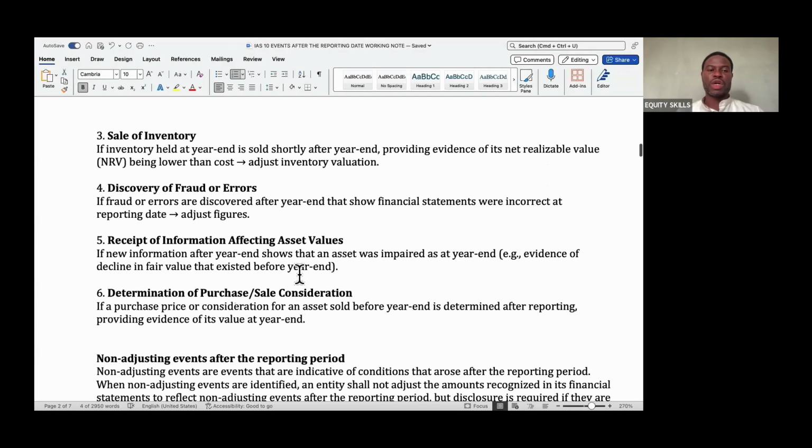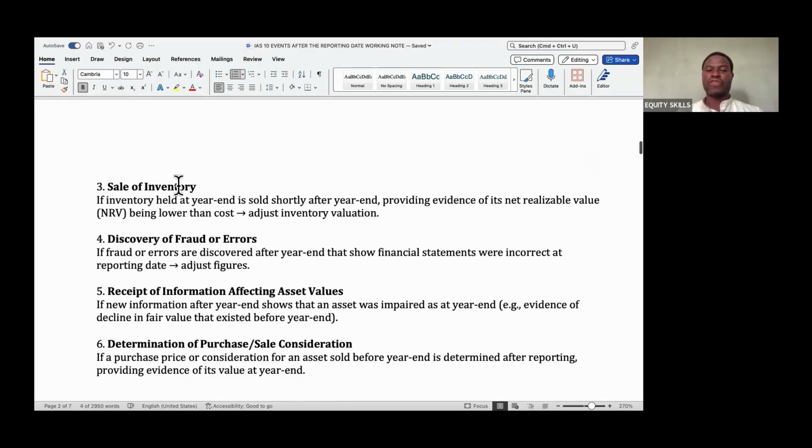But this one that we were talking about, the sale of inventory, where we're able to sell our inventory at a low price, is different.